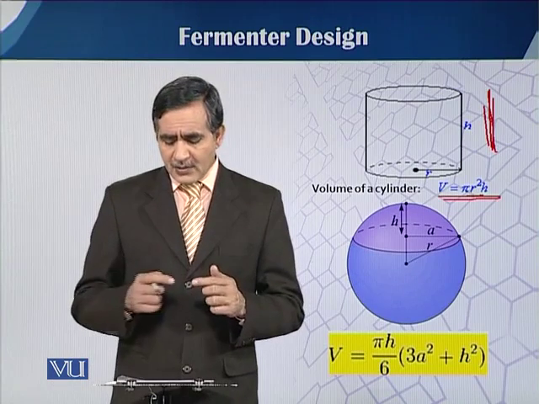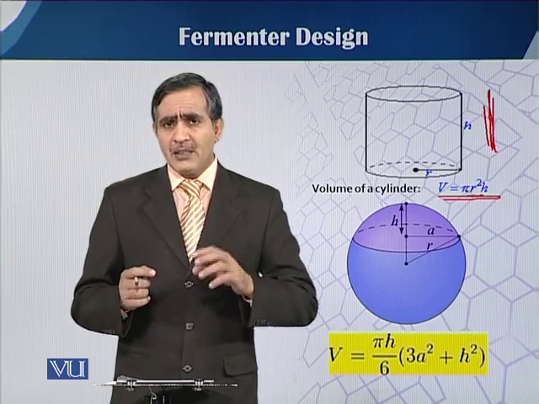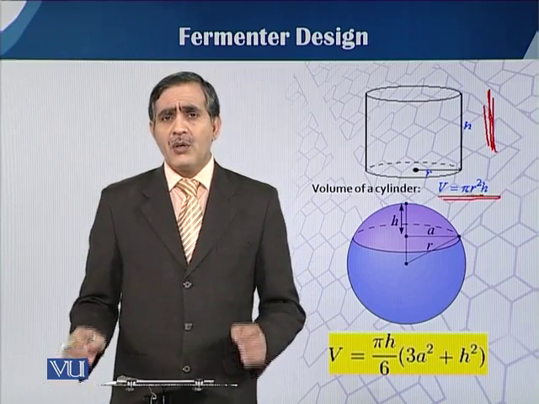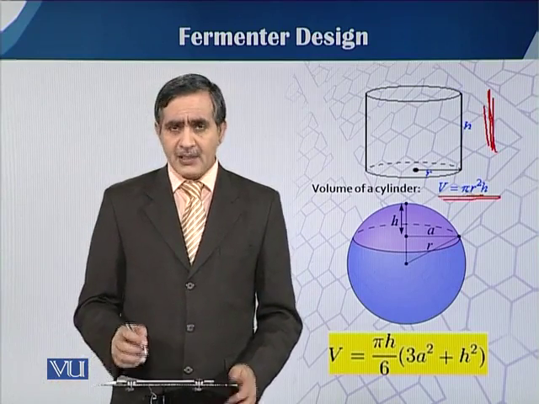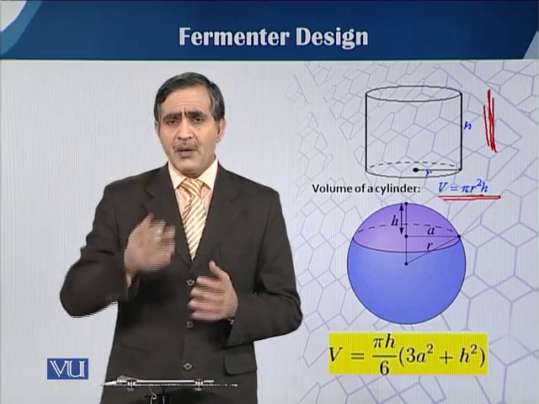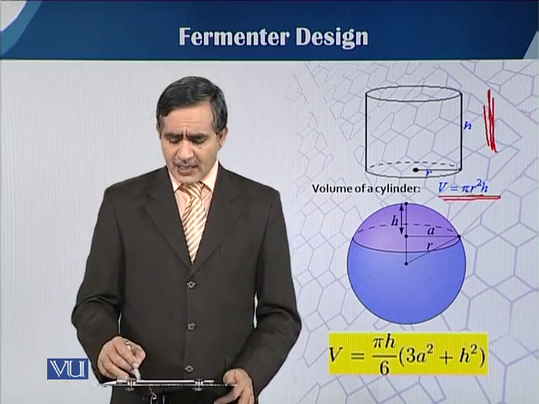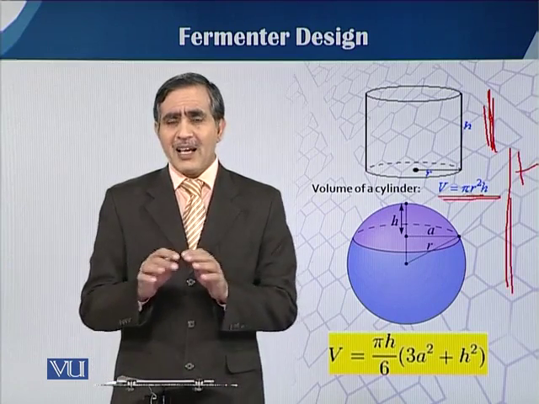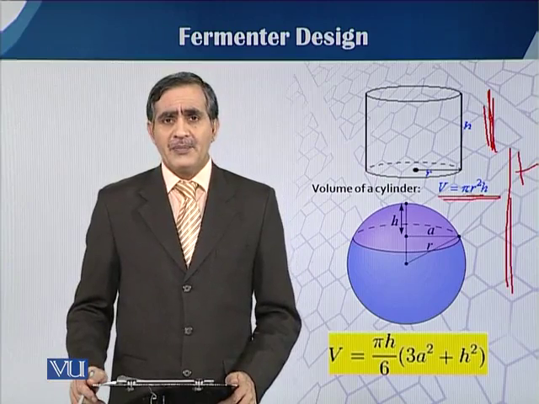Sometimes H and A are equal to R, but not all the time. If we know the H and A of a fermenter, we can calculate the dome shape and the round bottom, and by adding these two volumes, we can calculate the total volume of a fermenter vessel.